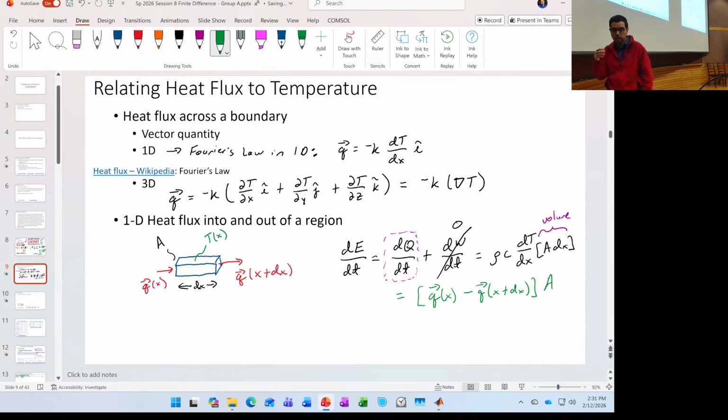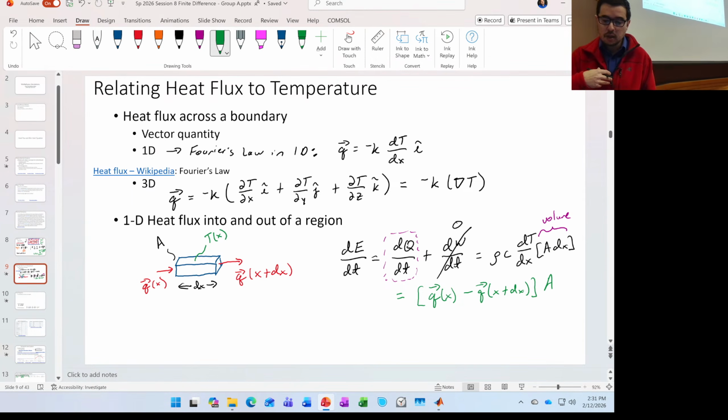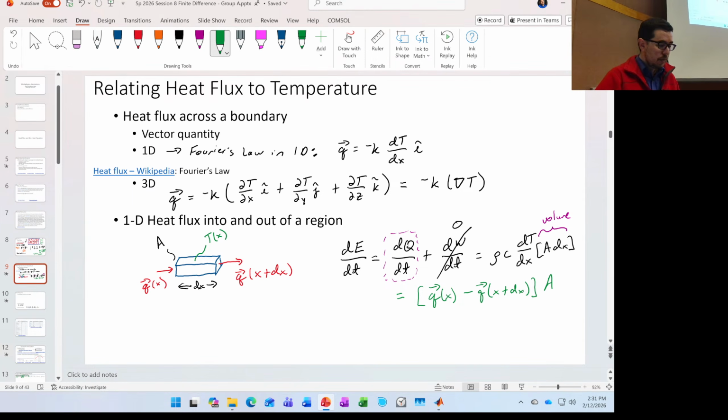So heat flux times an area gives us heat, power. And so now we can equate this to this quantity, and we write out rho c dt dx, and we can get rid of the A and the dx, so let's do that.